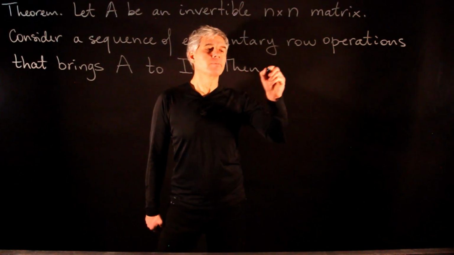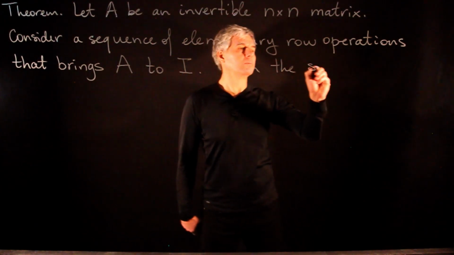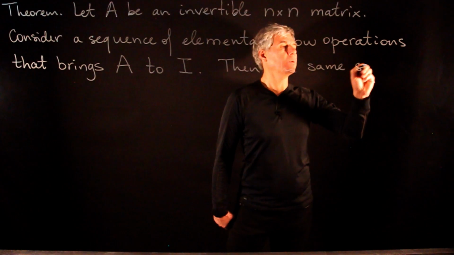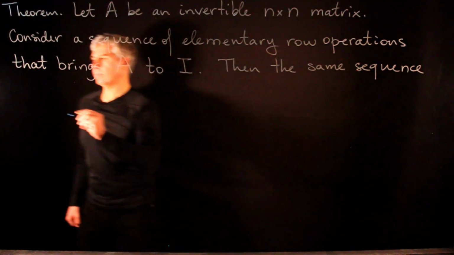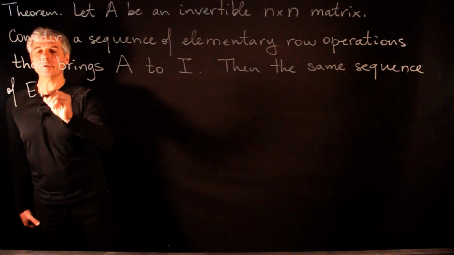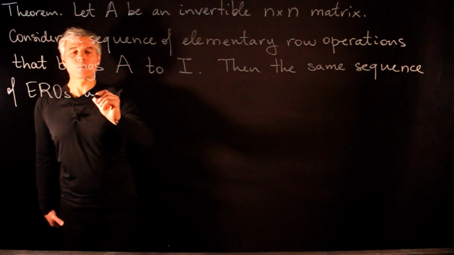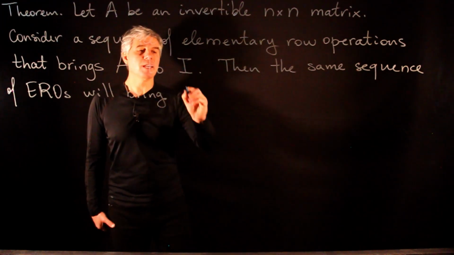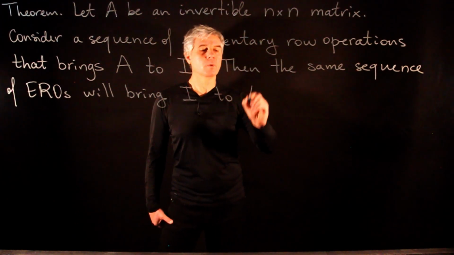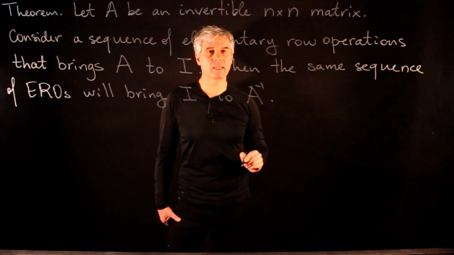Then the same sequence of elementary row operations will bring the identity matrix to the inverse of the matrix A.